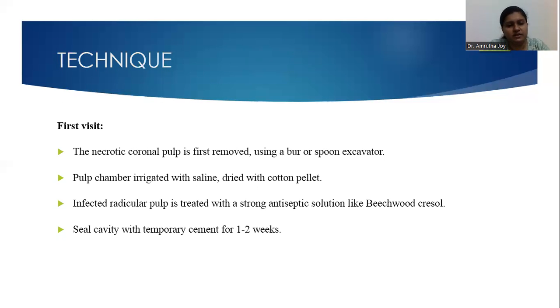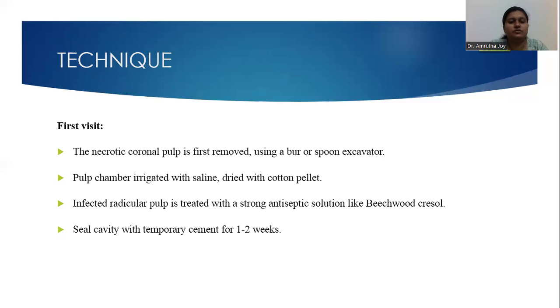The technique: in the first visit, the necrotic coronal pulp is removed using a burr or spoon excavator. Then the pulp chamber is irrigated with saline and dried with a cotton pellet. Then the infected radicular pulp is treated with a strong antiseptic solution like beechwood creosote or paramonochlorophenol cresol.